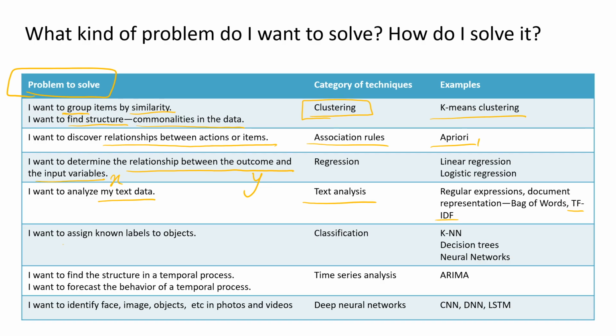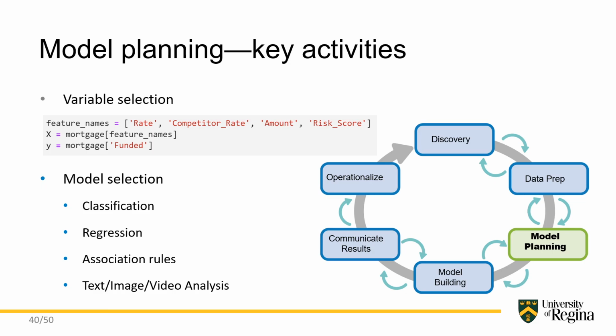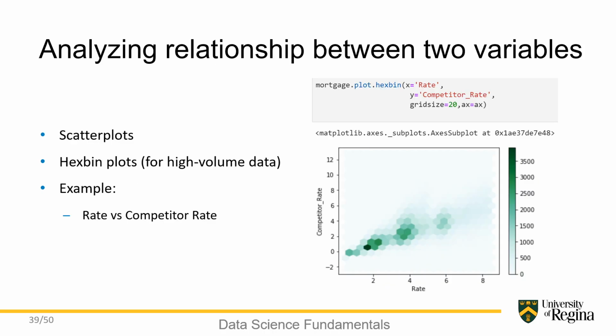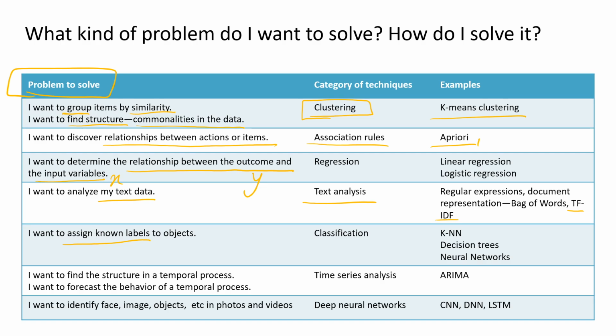If you want to assign labels to objects, for example, if you have categorical labels, the same thing that we had here, where we have some labels, whether something is funded or not, and we want to apply that to our features, then you could use a classification algorithm like KNN, k-nearest neighbors, decision trees, or neural networks.